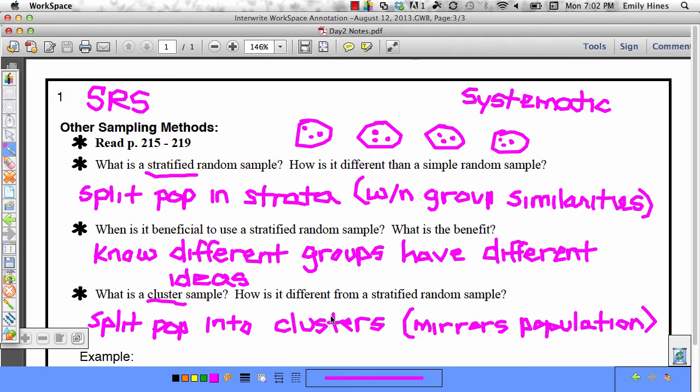Here, once I split it into clusters, instead of sampling a few from each one, I'm going to randomly pick, using a number table or a random number generator, one of these groups, or however many I need, and I'm going to sample everyone in that group, and that will be my sample.